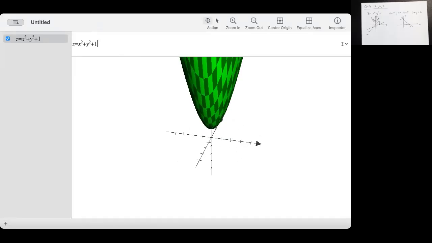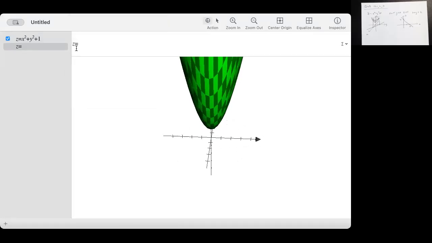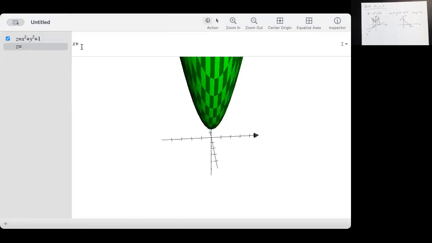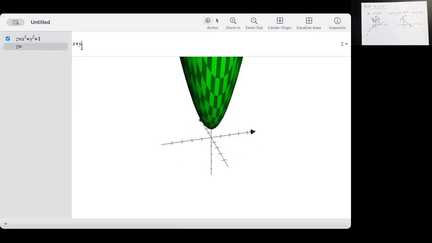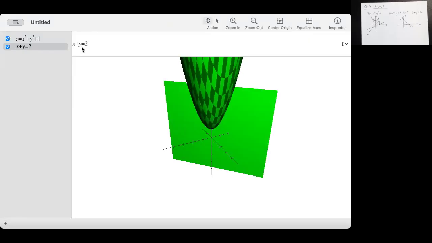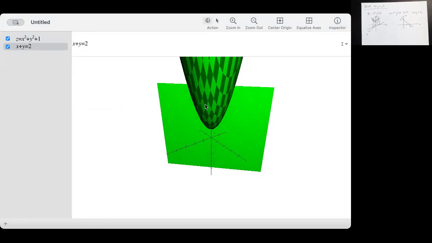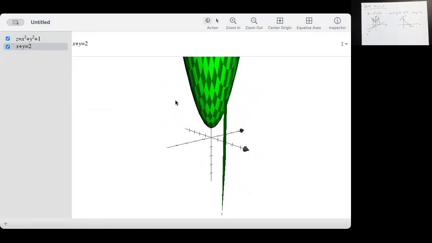And then I'm going to put in x plus y equals 2. Okay, there's the triangle in the x and y plane that we were just drawing. And we want the volume under this surface above that triangle.